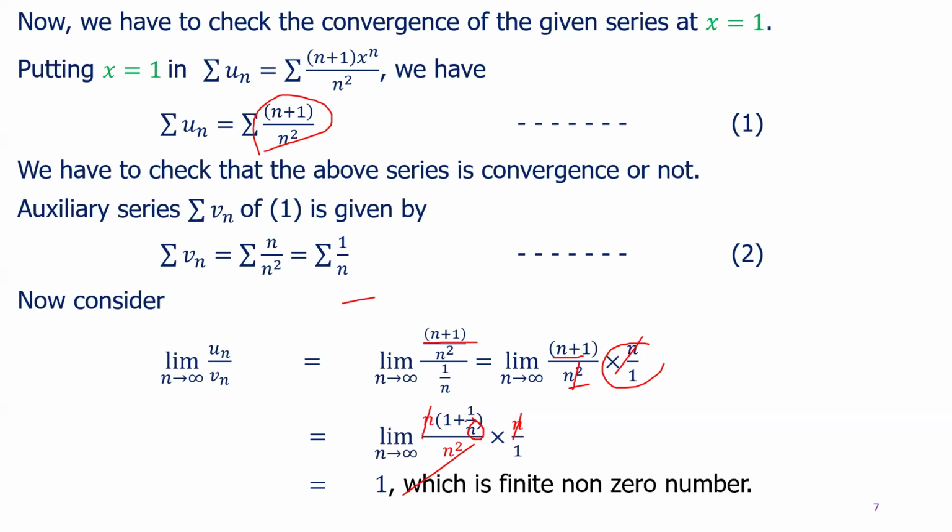So at x equal to 1, the given series is compared with the auxiliary series Vn, which is sum of 1 upon n, which is nothing but a P series. The limit of the ratio un upon Vn is equal to 1.